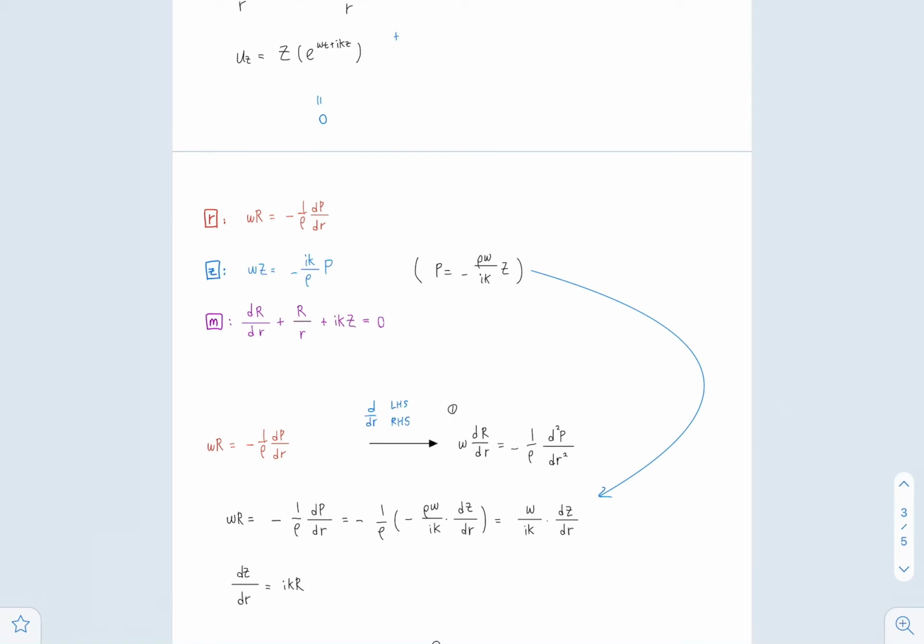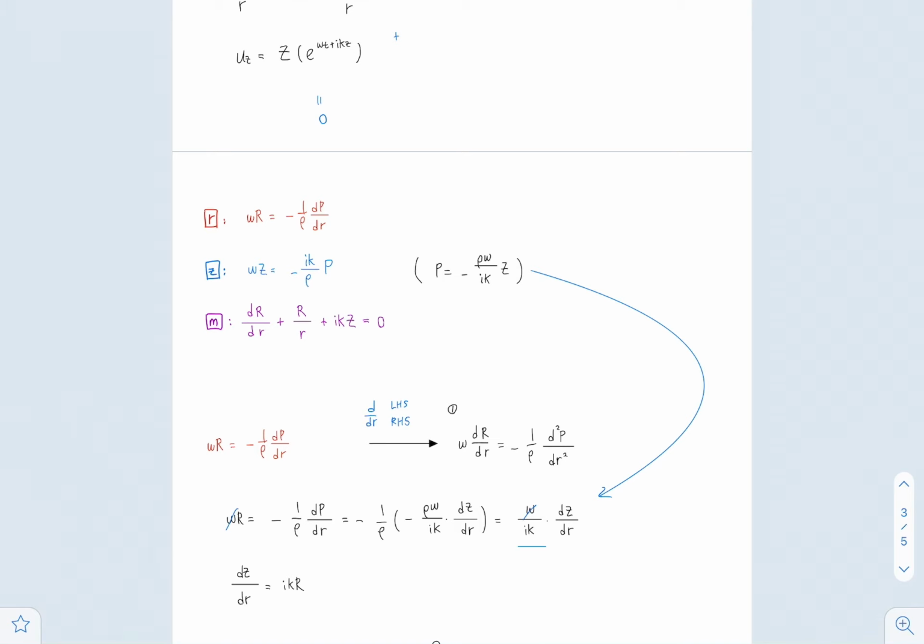Therefore, dp dr can be rewritten as minus rho omega over ik dz dr, which is going to be pretty simple, expressed by omega over ik times dz dr. Therefore, we can say if we express everything in terms of dz dr, it's going to be ikr because this term goes to the left and the omegas cancel out, right?